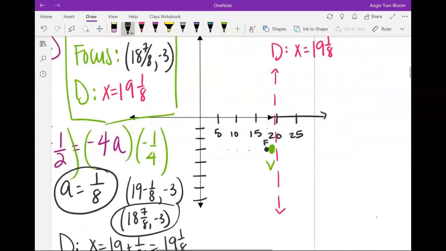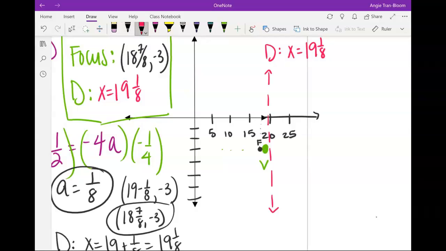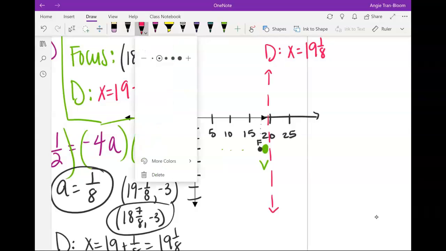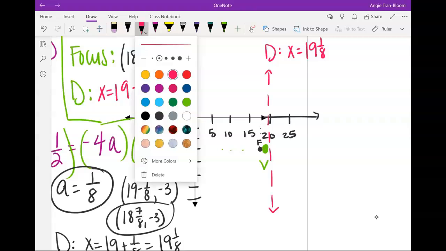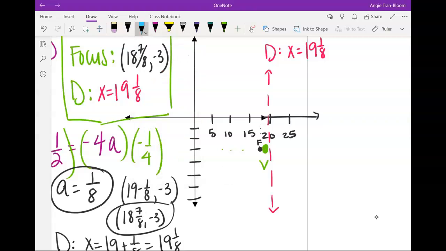I'm going to see if I can fit 1/4 in here. Remember, you're going 1/4 from the focus. So here's 1/2, here's 1/4. I'm just going to eyeball this. This is going to be one skinny, according to my grid. I went up 1/4 and I went down 1/4 from the focus as best as I can make 1/4.